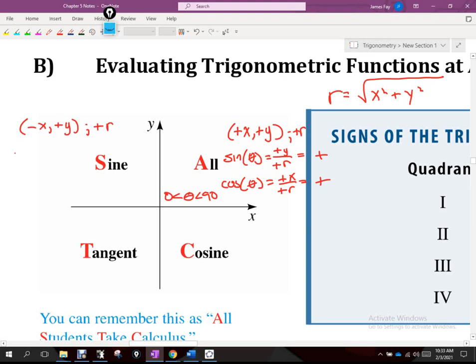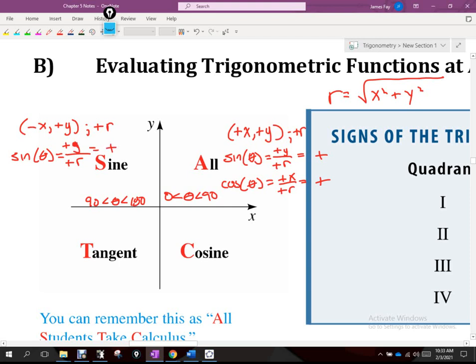So then over here, when I look at sine of theta, and now theta here would be a number between 90 and 180. Okay, so the sine would be a positive y divided by a positive r. Positive y divided by a positive r. What's that going to give me?